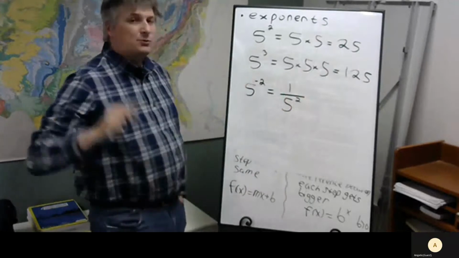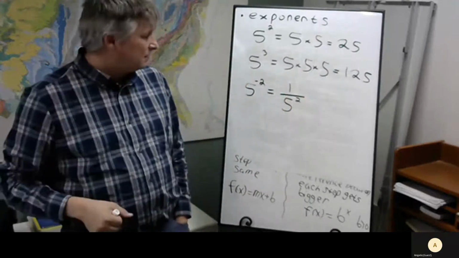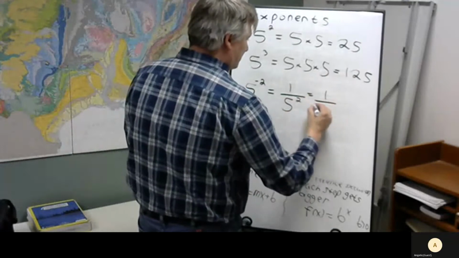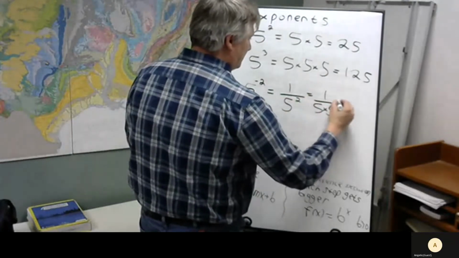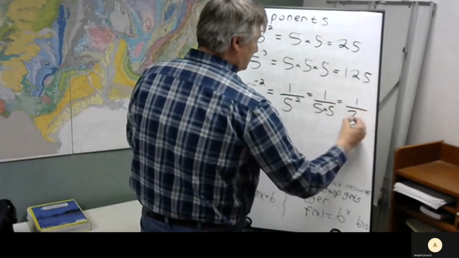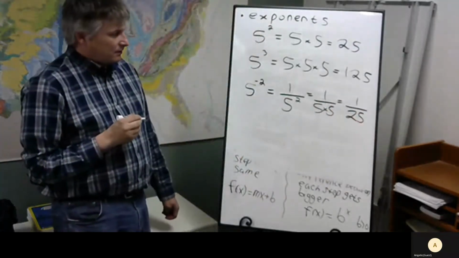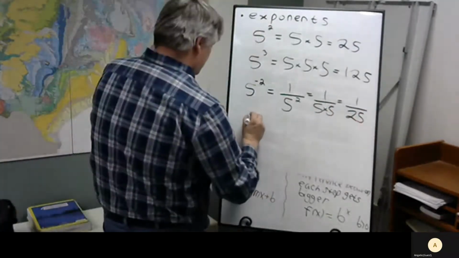The negative just means we're going to flip things. So this will give us 1 over 5 times 5, or 1 over 25. 5 to negative 3.